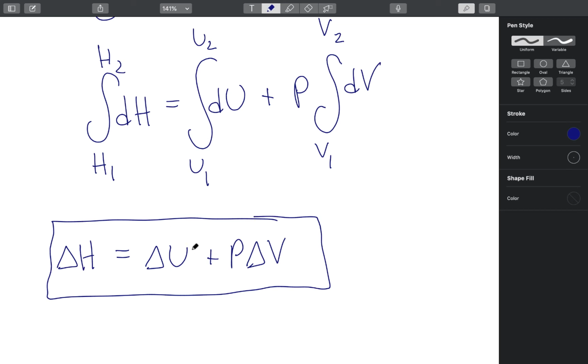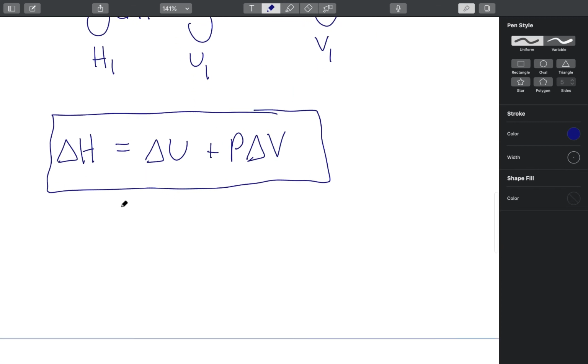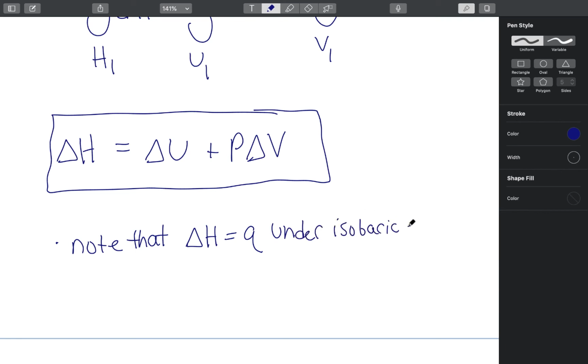So you'll notice here that delta H is equal to Q under isobaric conditions. So delta H is equal to Q under isobaric conditions, and this is most conditions.